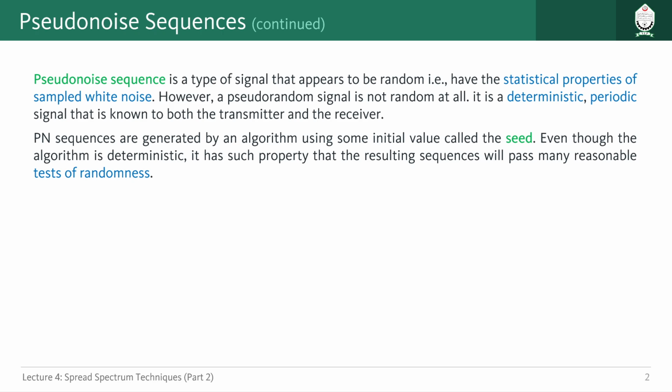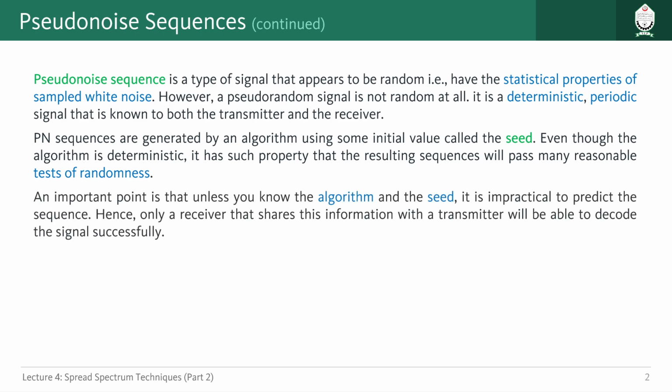We have some kind of tests for checking whether a sequence is random or not, so we will see that later on. Sequences generated by a PN sequence generator actually pass those tests. As a result, we can say that these sequences behave like a random signal. That's why we have the name pseudo-random sequence. It appears random, but actually it's not a random signal.